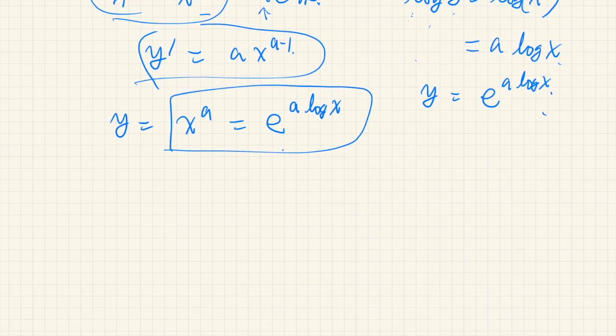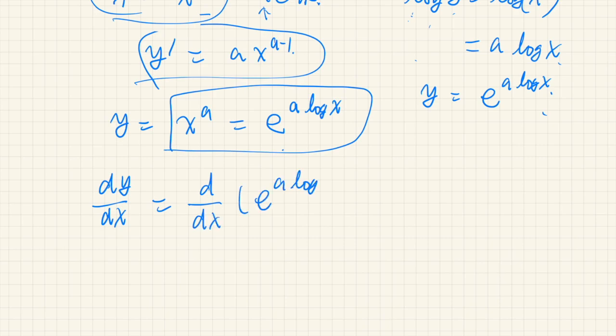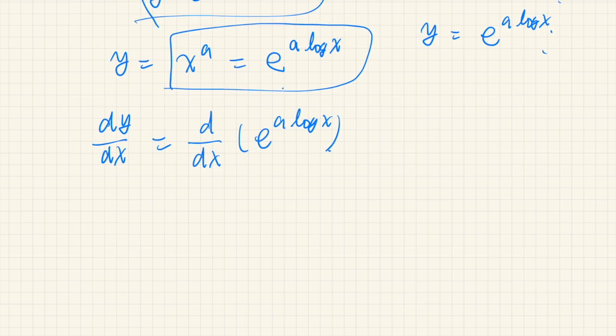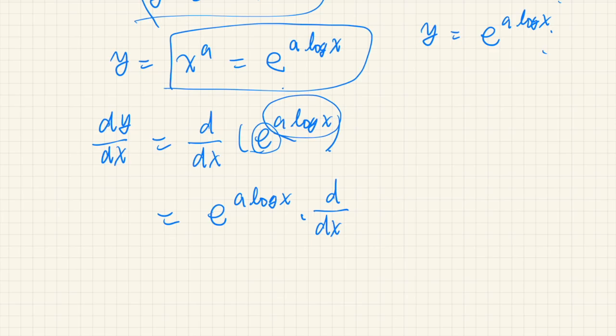Now, let's differentiate this function. So dy dx is equal to d of e to the a log of x. Now, we can use the chain rule. So first, differentiate e to the power of something. But that is just e to the power of that something. So e to the a log of x, times the derivative of this exponent, a log of x.